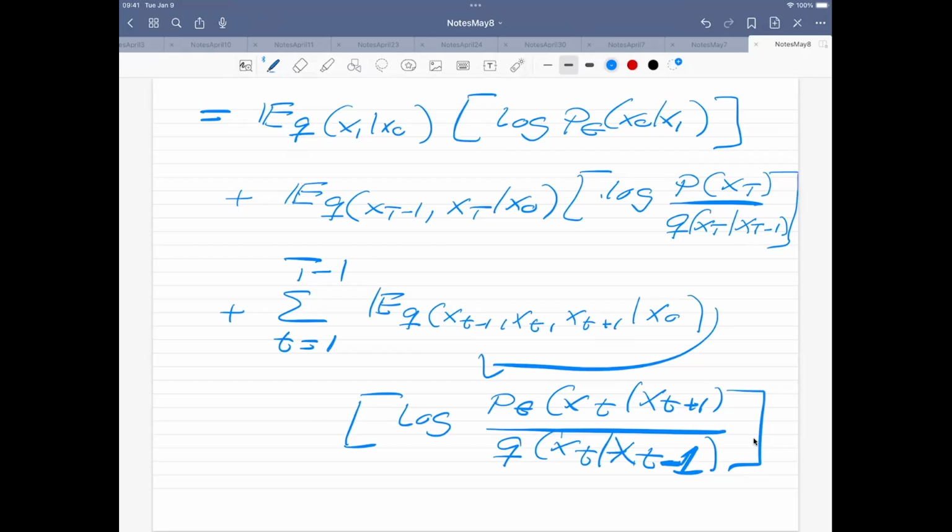The first term, which you see here, is a reconstruction term, and the reason why it is called that is something we are going to look at now in more detail.